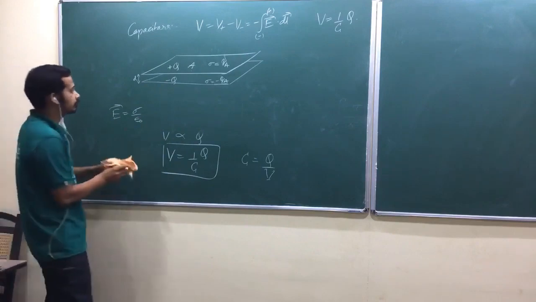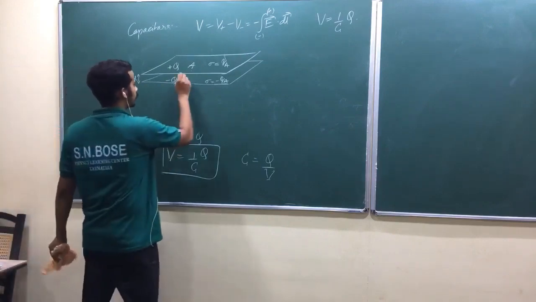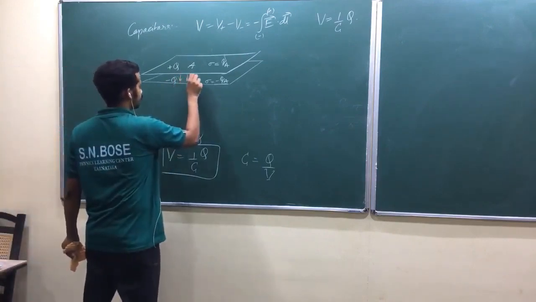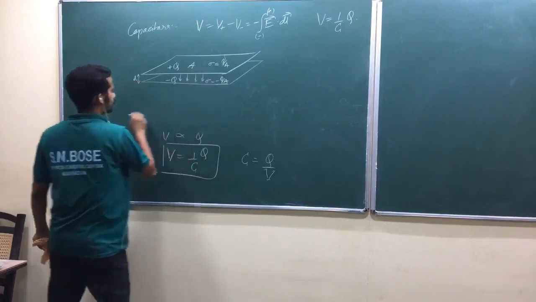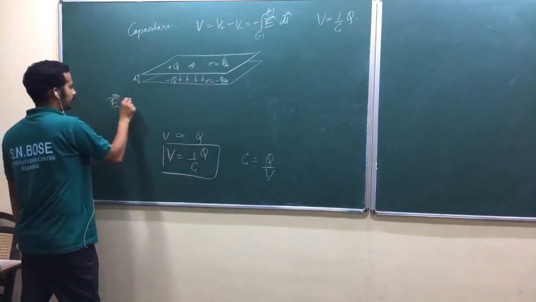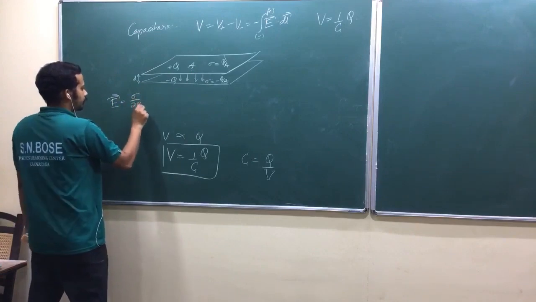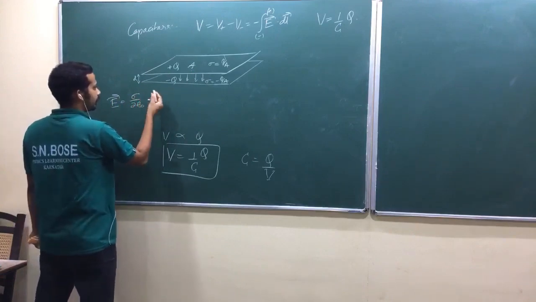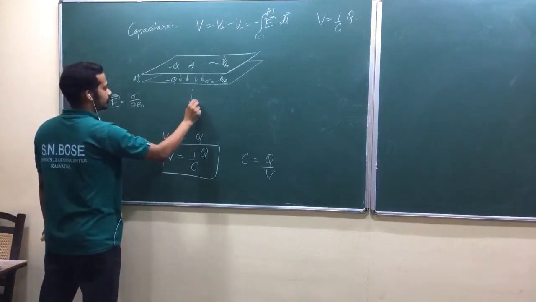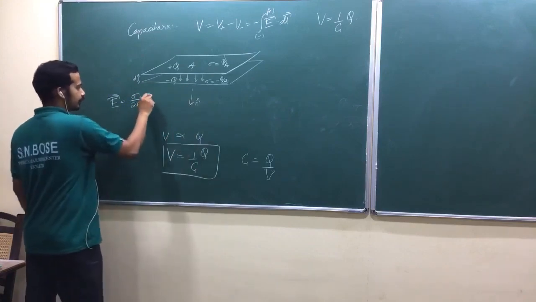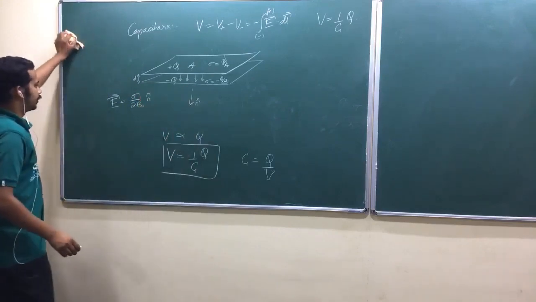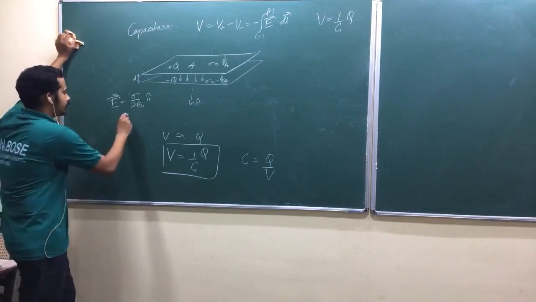Now, again, I am going to take the same idea here, okay? So, my electric fields are like this, from positive plate to negative plate. Now what is my electric field value? Sigma by 2 epsilon naught into, let me choose this as some n cap. Now what is sigma?